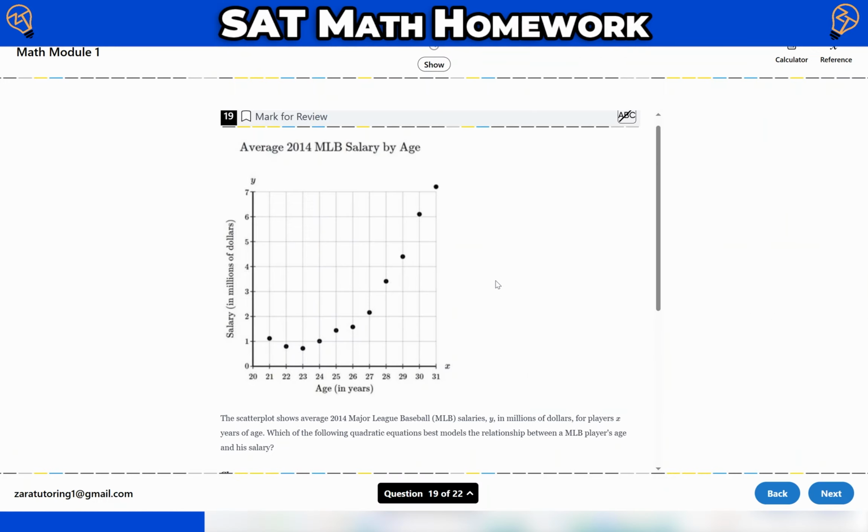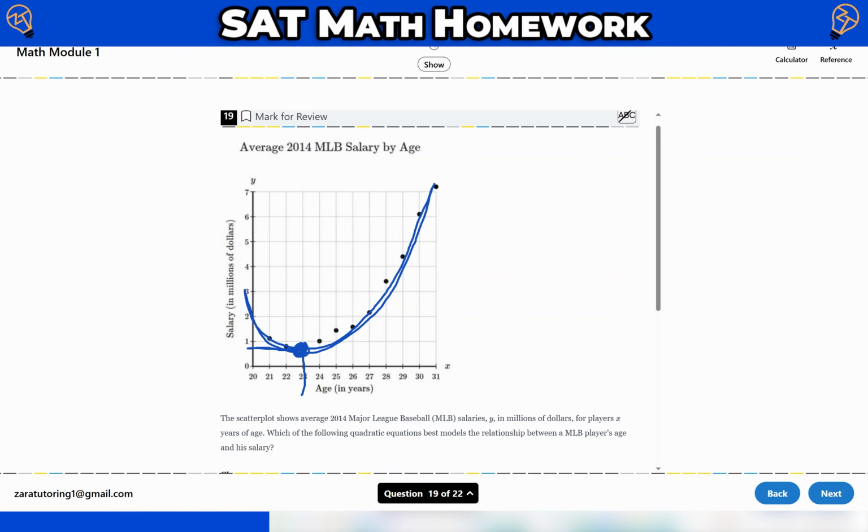So looking at this actual function, which clearly looks like it'll turn into a parabola, if we do a little bit of a sketch around it, you can see that the vertex appears to be somewhere around here, where it's 23, comma, a little bit under 1.